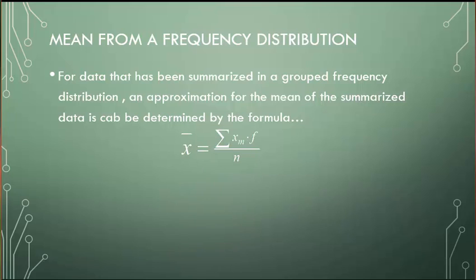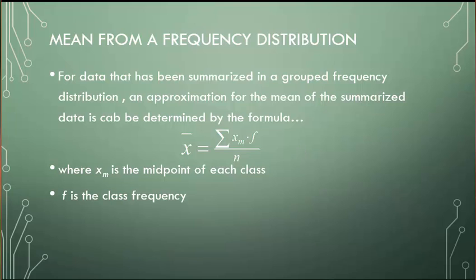The mean is the sum of the midpoints, x sub m, times the corresponding frequency of the class, we take the sum of those products, that's what the sigma sign is for, and we divide that by the sum of the frequencies, the sample size. Let's summarize: x sub m is the midpoint of each class, f is the class frequency, and n is the sample size, in other words, the sum of the frequencies.